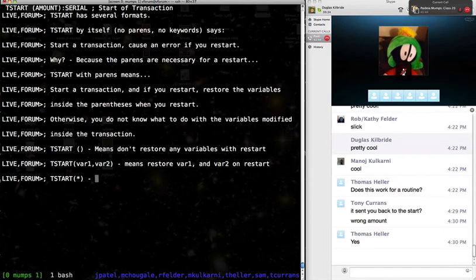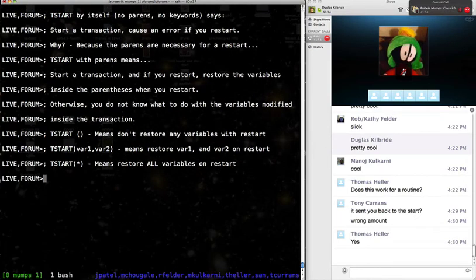You could just put a star, which means restore all variables on restart. So that takes care of the parentheses. So let's talk about what comes after the parentheses, which is the colon and then the transaction keywords.